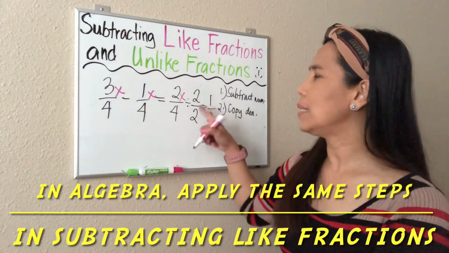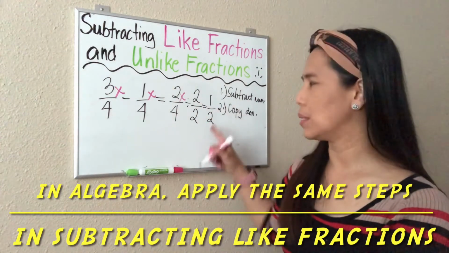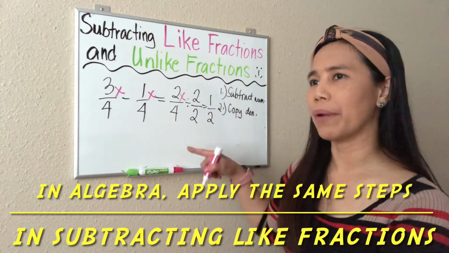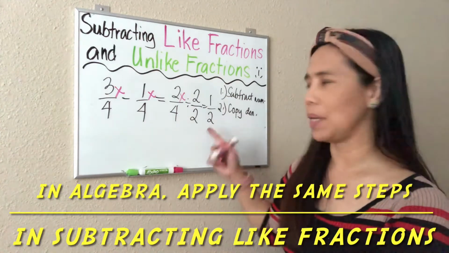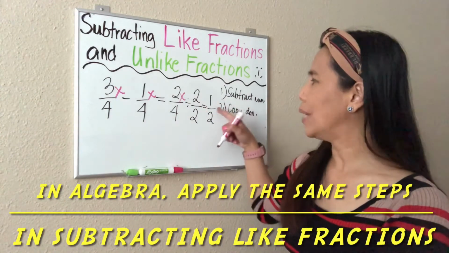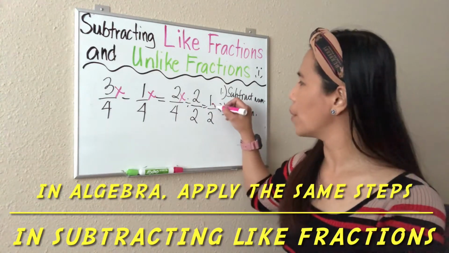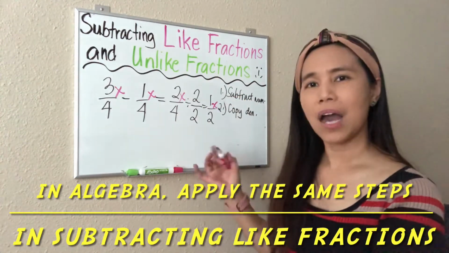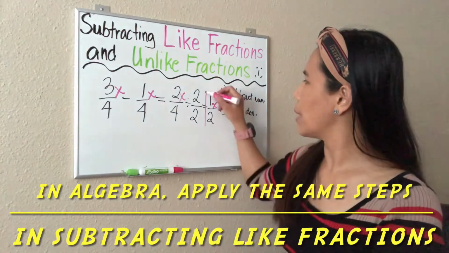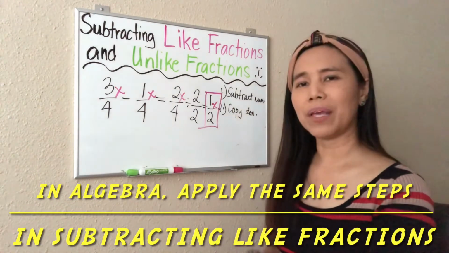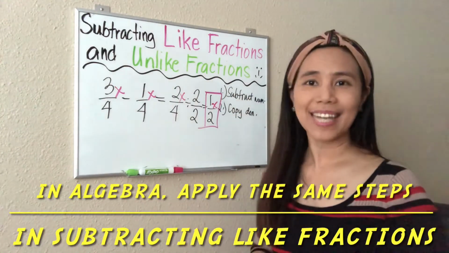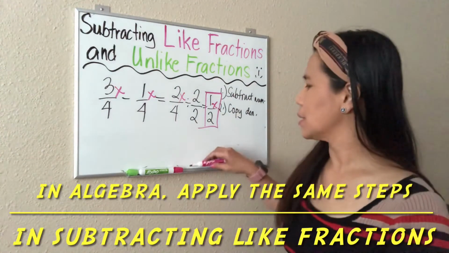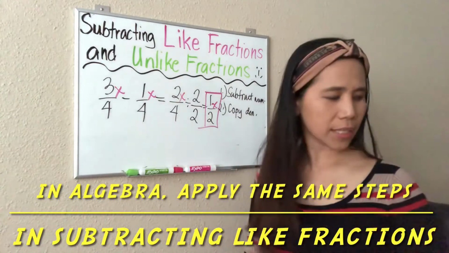Again, we usually simplify that to lowest term by dividing both numerator and denominator with the same number. You will have the same answer, however, you will just have a variable. So your answer algebraically will be 1/2 x. That's it. Easy, right? So that's how we do with like fractions.